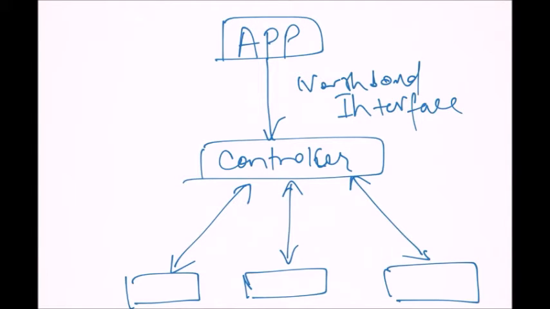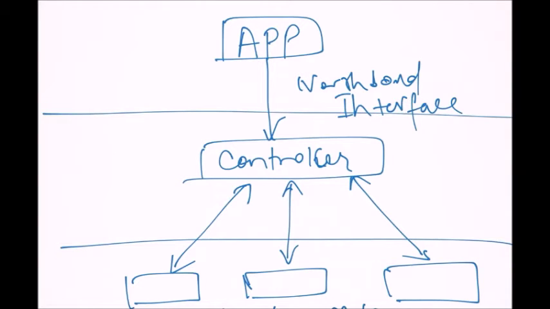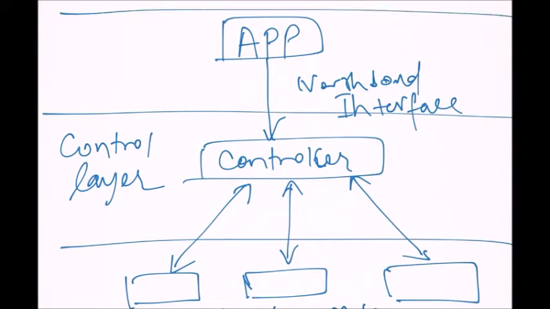Okay, so the part where our SDN networking devices reside is called the infrastructure layer, and the part where our controller is, is called the control layer, and the part where we have our apps which communicate to our controller is called the application layer.